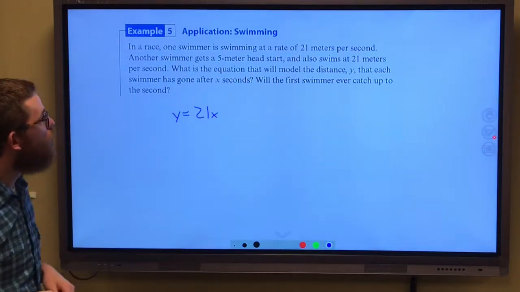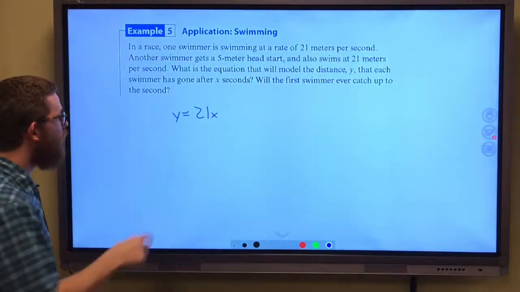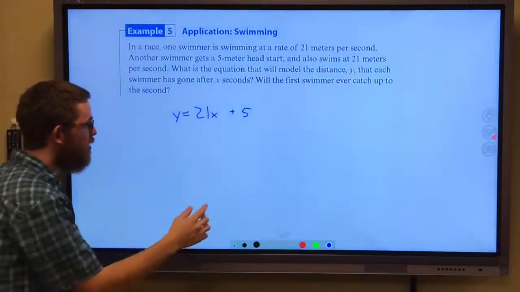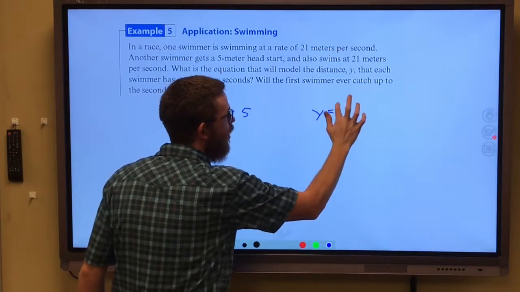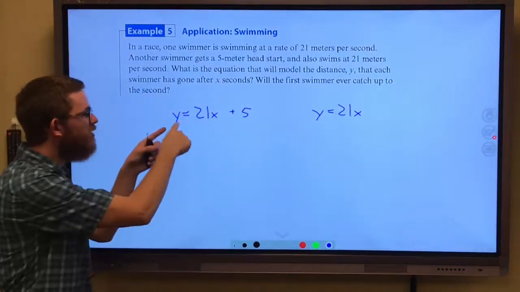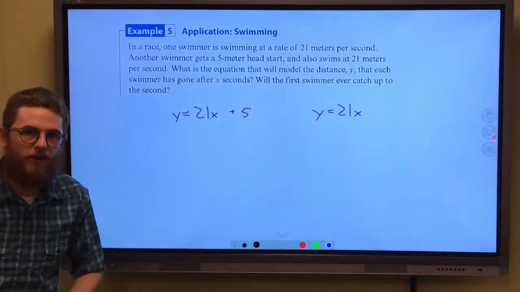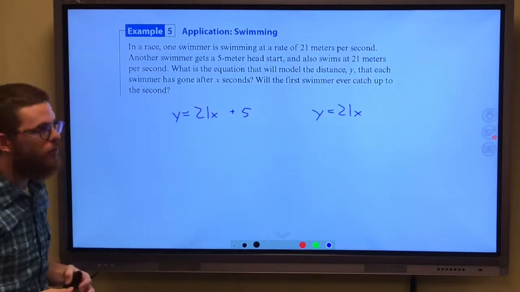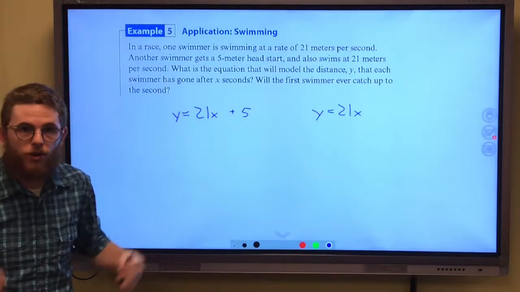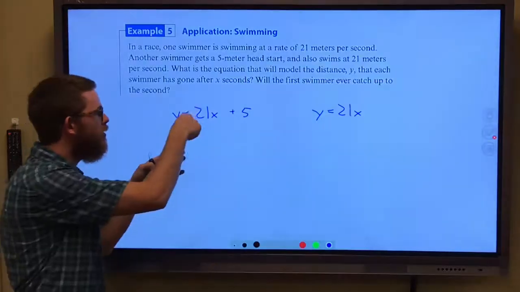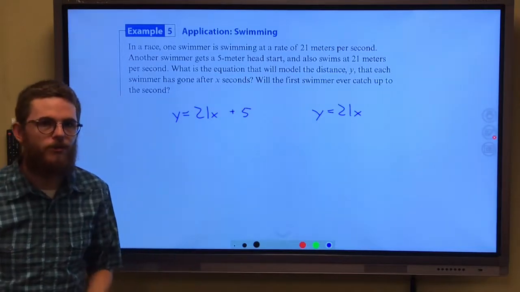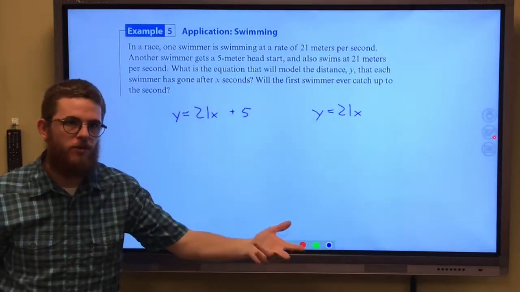Because one swimmer got a 5-meter head start, that's like y equals 21x plus 5, and the other swimmer is at y equals 21x. Every second that goes by, the one is going to be 5 meters ahead of the other. So the other is never going to catch up to the swimmer that got the head start, because they're going the same speed. They have the same slope, and so their lines are going to be parallel. They'll never meet.